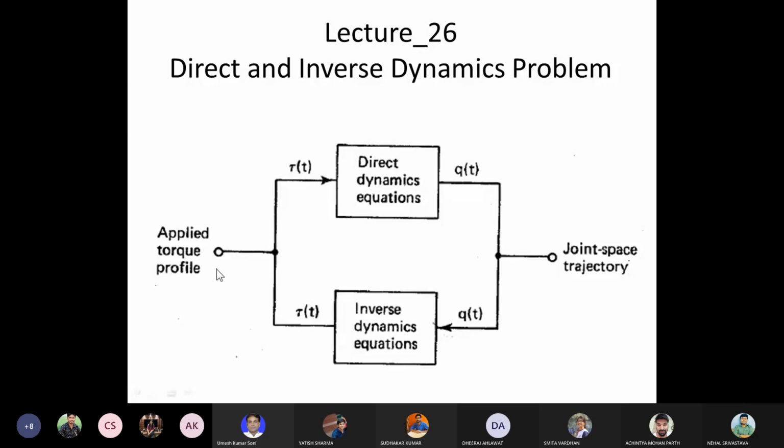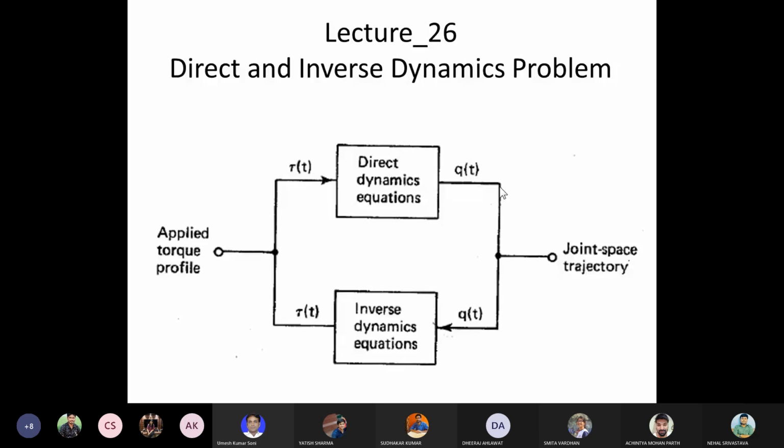You are applying the force or torque at the joints, and you see how the robot takes the space trajectory, meaning how the joints are tracking a certain path. Okay, but sometimes when you apply the torque, the path may not be as required. It may deviate from the actual path required for your task.